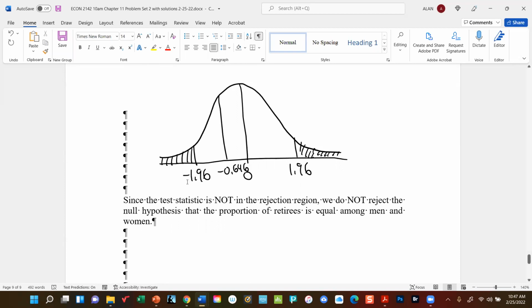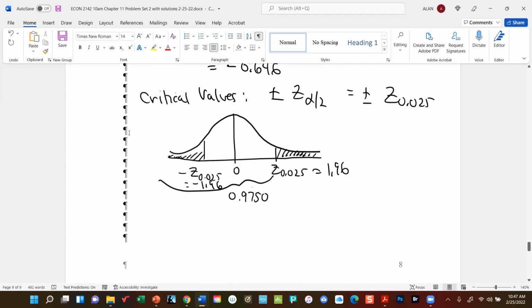Now we can also, of course, and by the way, over here, you could also have looked this up with second vars. Number 3 is INV norm.